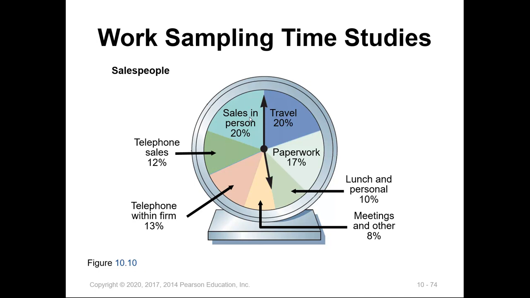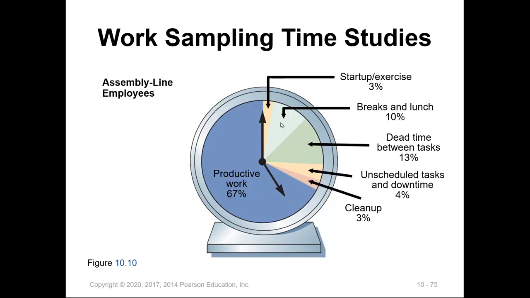The figure in this slide and the next slide shows work sampling studies done to determine what salespeople do at a wholesale electronic distributor. And this figure shows the work sampling studies done to determine what a composite of several auto assembly line employees do.